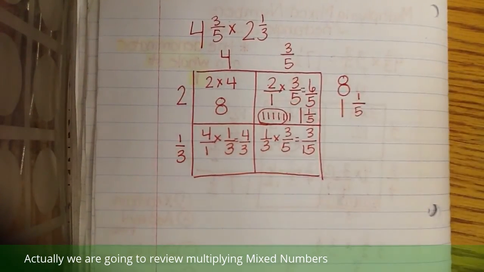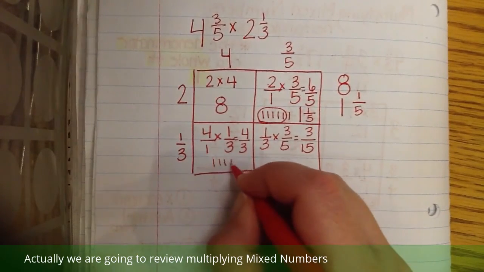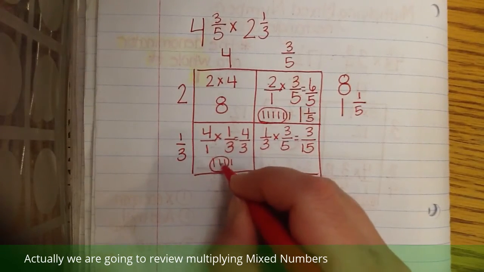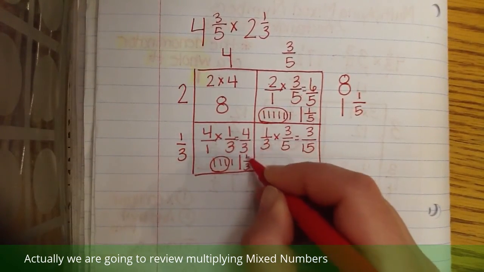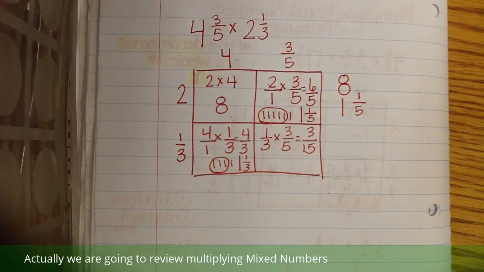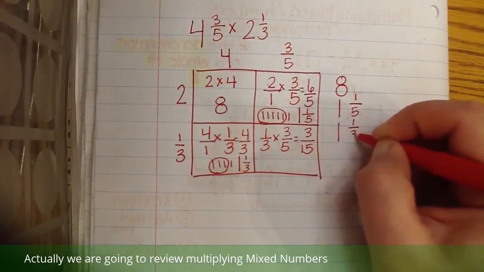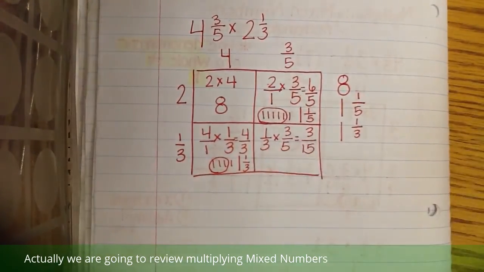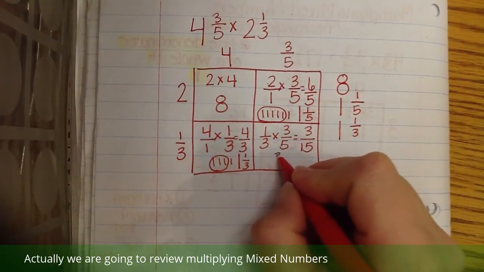Denominator stays the same. What about 4/3? 1, 2, 3, 4. 3 go in a group. 1 whole, 1 left over. I also know 4 minus 3 is 1, 6 minus 5 is 1. If you've been coming for morning tutoring, we've been talking about that. 1 1/3.